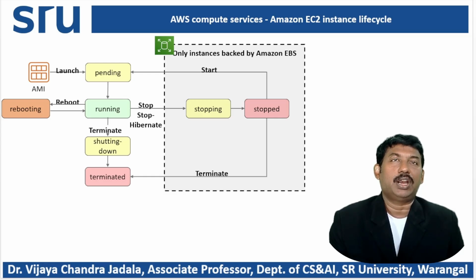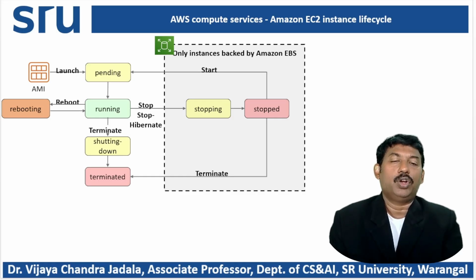Shutting down state and terminated state are of the terminate group, where you can stop or hibernate the running instance, and an instance can be kept in a pause or stop, and then we can terminate it.